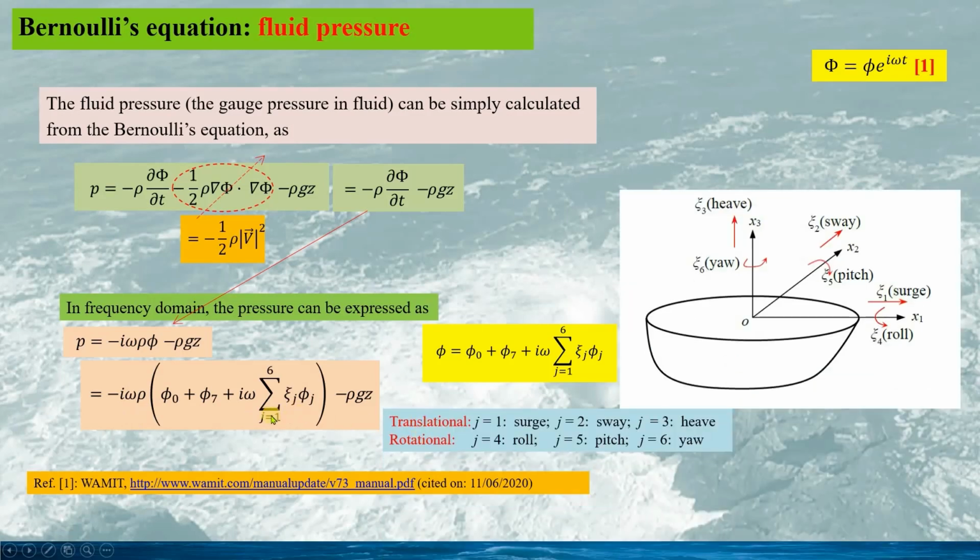Here we can see the summation on j from 1 to 6, meaning the 6 degrees of freedom motion. j equals 1, 2, 3 are the translational motion, surge, sway, and heave, and j equals 4 to 6 are the rotational motion for roll, pitch, and yaw.